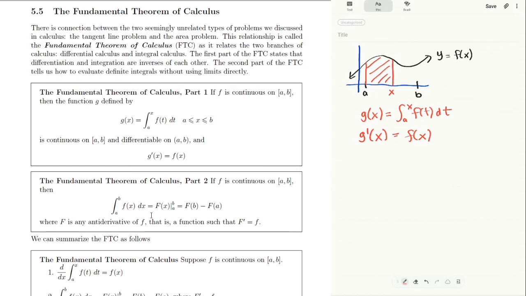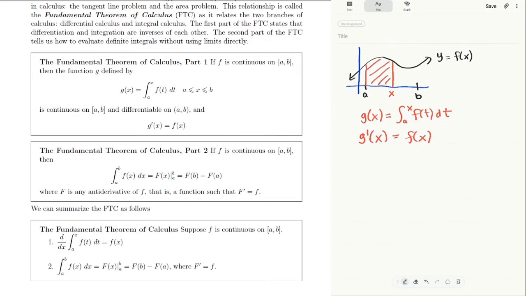So in other words, the way that we can determine the definite integral from a to b of some function is to determine any antiderivative of little f, and then we evaluate the antiderivative at the limits of integration. So we take capital F of b and then subtract capital F of a.